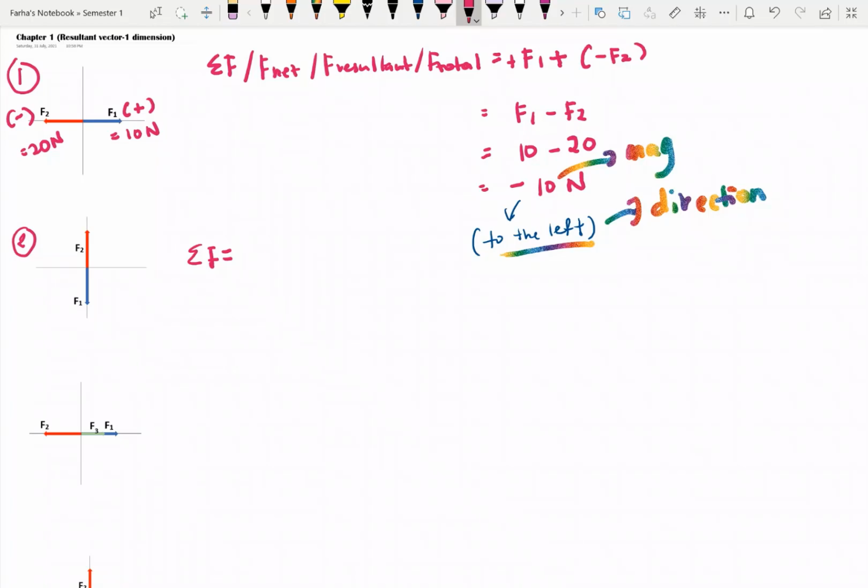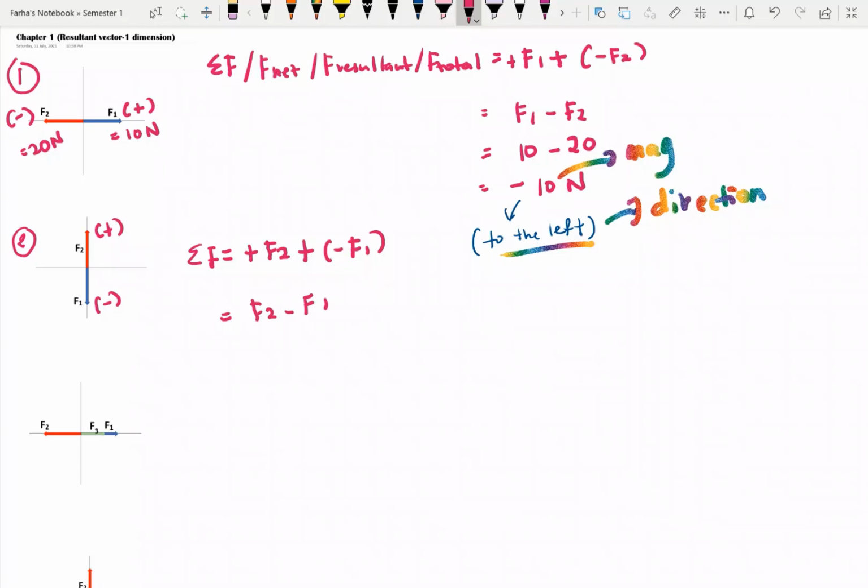So upward we mention it as a positive sign and F1 is downward. So we mention it as a negative sign. Okay, so F2 is positive plus F1 negative. Okay, so we get F2 minus F1.